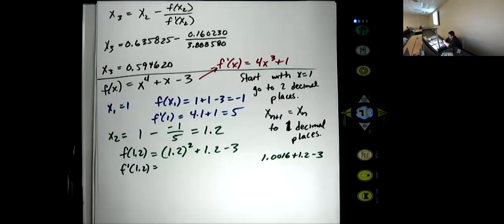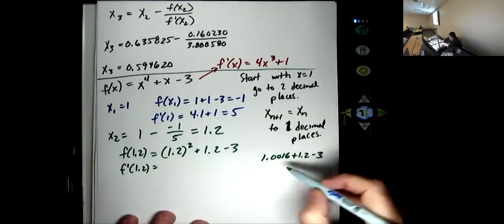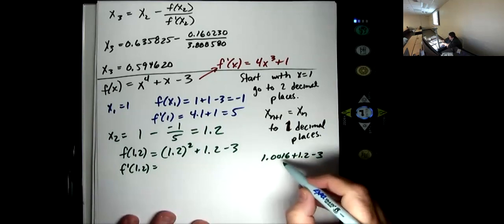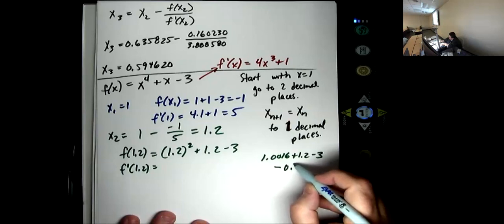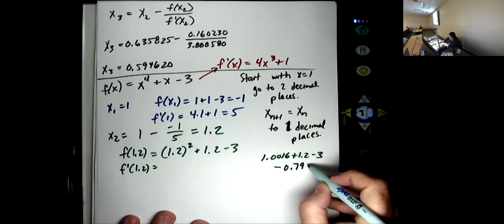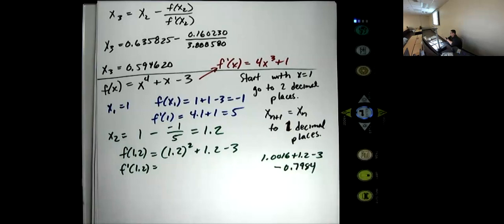2.2, we got negative 0.7984. Did I do that right? Probably not. Nope, nowhere near it.